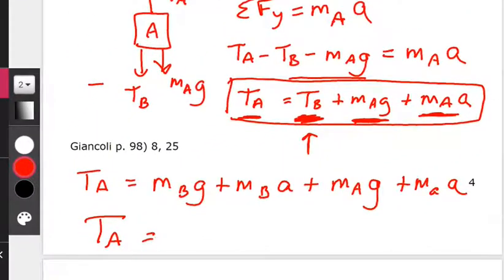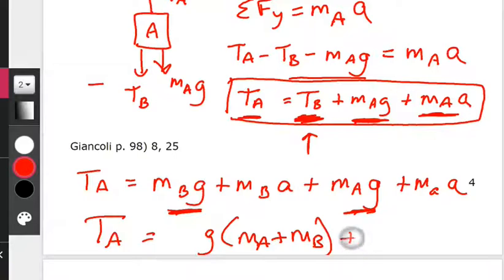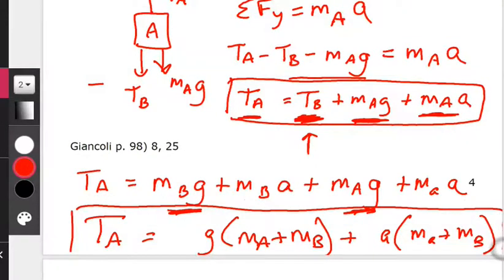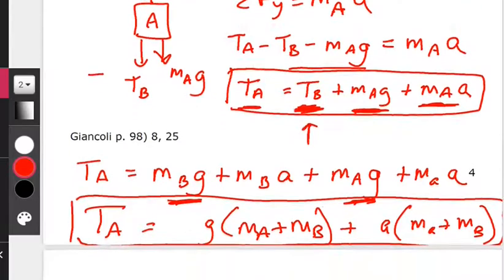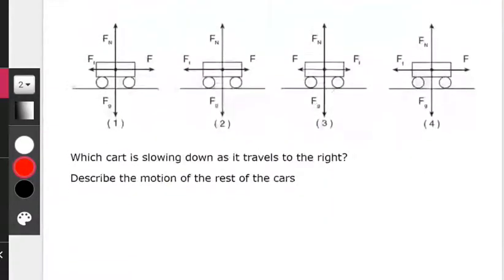TA equals, we can bring the G's together and factor out G times MA plus MB, and then we could bring the A's together, times MA plus MB, the mass of A plus the mass of B. That's actually the answer, because we wanted to find the tension in terms of the variables given. And there you go. That's quite a problem.